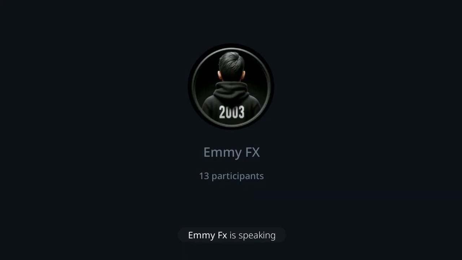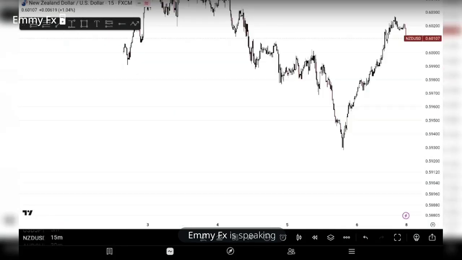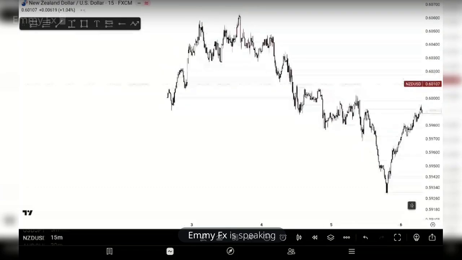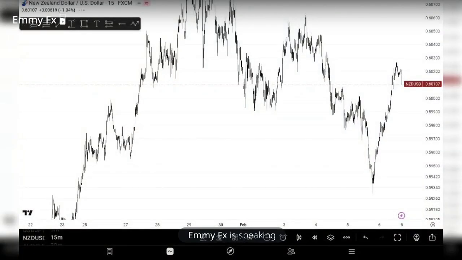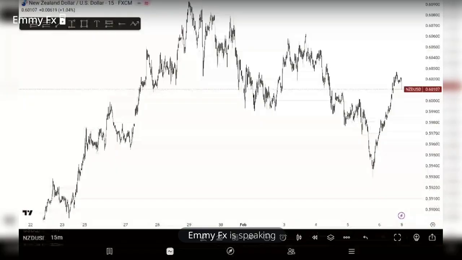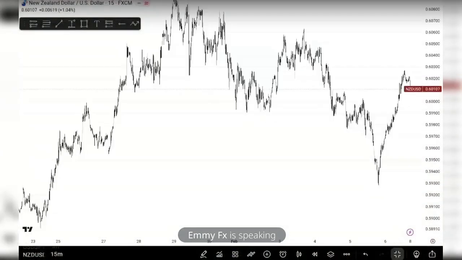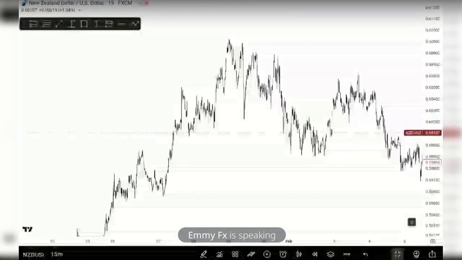But first, pertaining to the trade with the first event, this is what I always emphasize. The market has been giving us a clear bullish move to the upside.